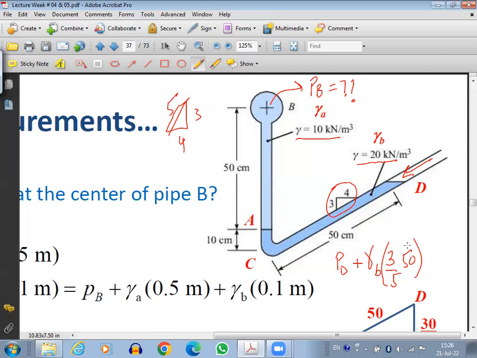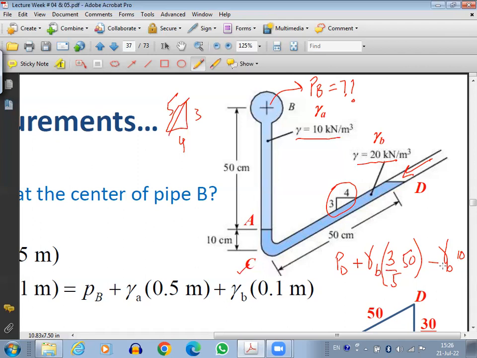So now I have reached point C, from D to C. Now I'm moving from C to A. So I'm moving up, and up means negative. It's the same fluid, so negative gamma B. How much up? 10 centimeter up. Right now I'm writing here in centimeters, but you don't have to write it in centimeters.